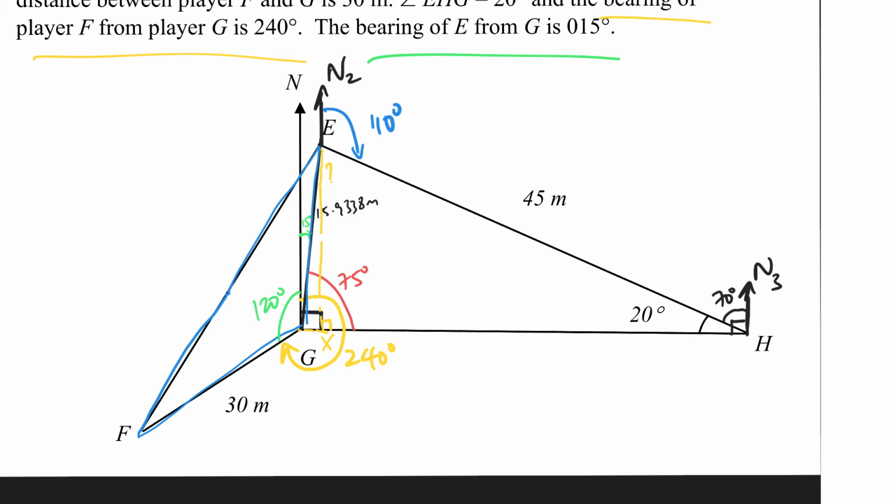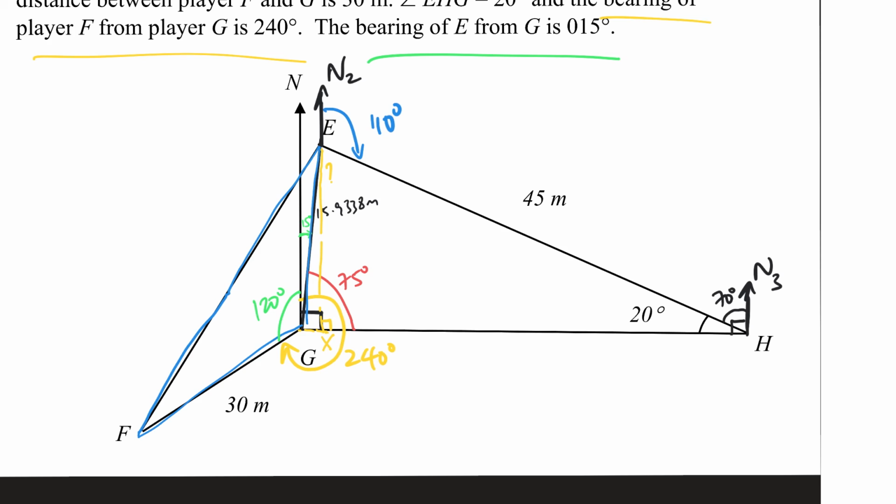The greatest angle of elevation is when player G is closest to E, which is when he is at X. Angle of elevation is higher when you're closer, and lower when you are further.